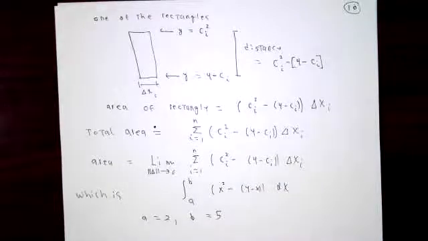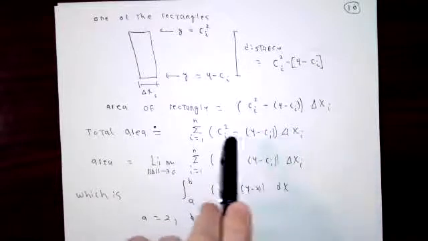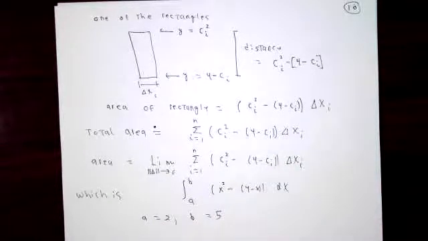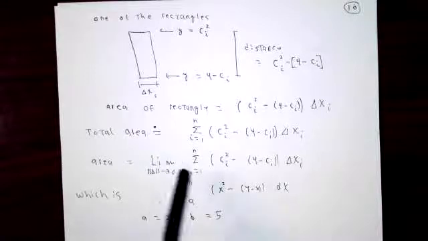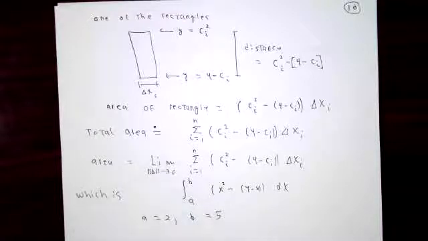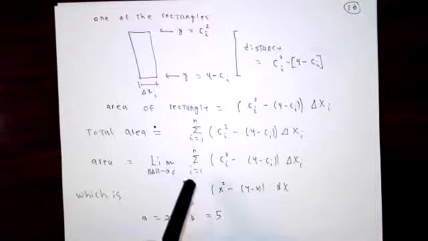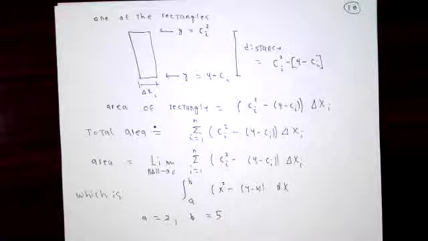So the area of an individual rectangle is height times width. The total area is approximately the Riemann sum. To get the exact area, you have to take the limit as all of the delta xi's tend to 0 of the sum of these areas of rectangles that we've figured out.